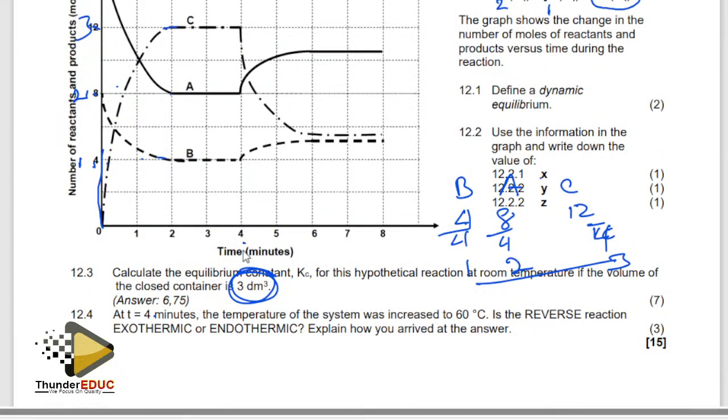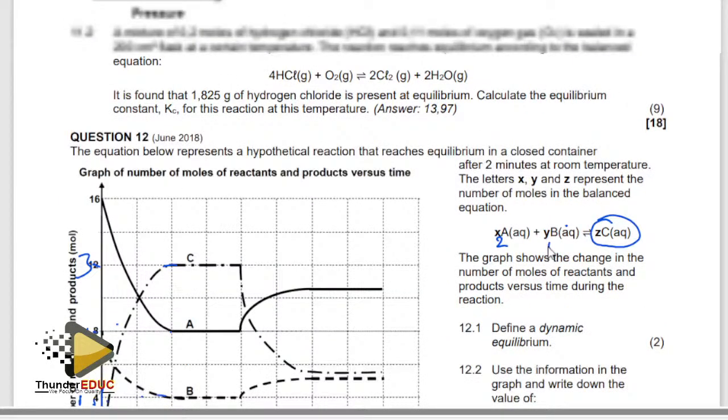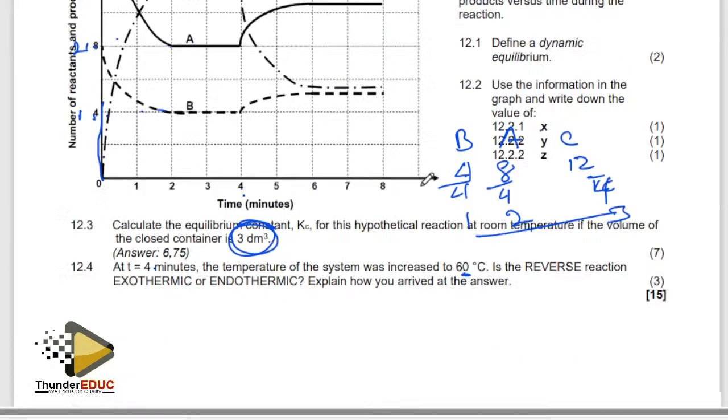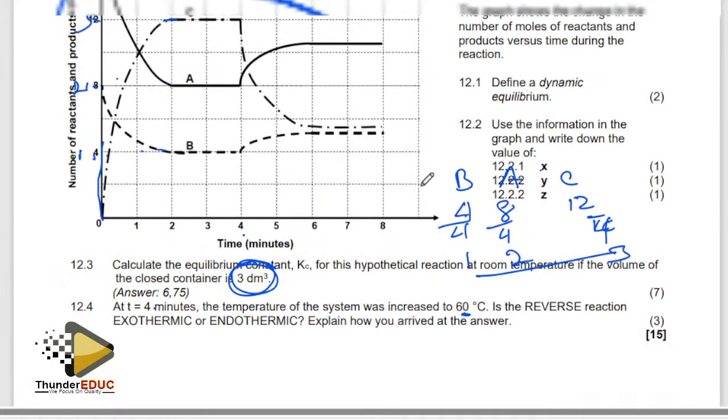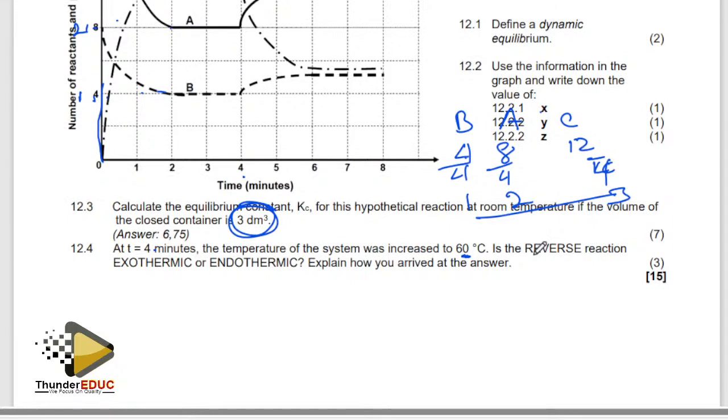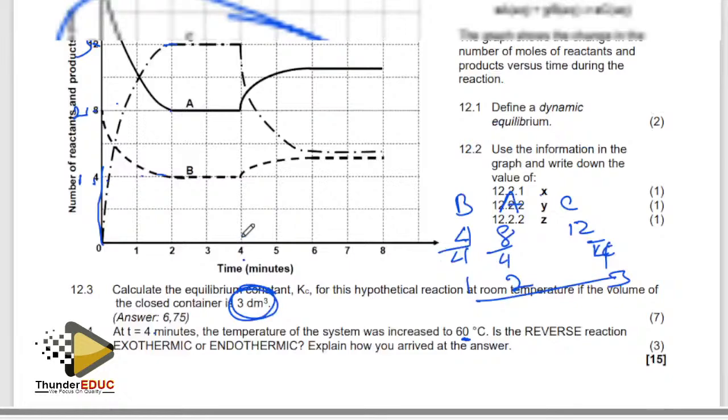The temperature of the system increased to 60. When you increase the temperature, what does it mean? Does it favor the reverse reaction or the forward reaction? You have to first identify whether this reaction was exothermic or endothermic. So in this case, when they're saying that, is the reverse reaction, at T? Okay, check here.